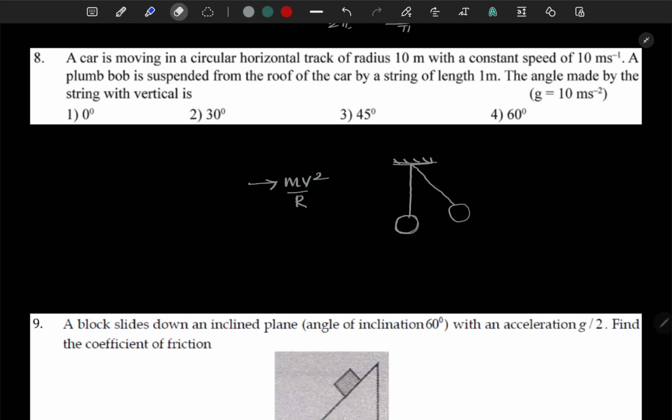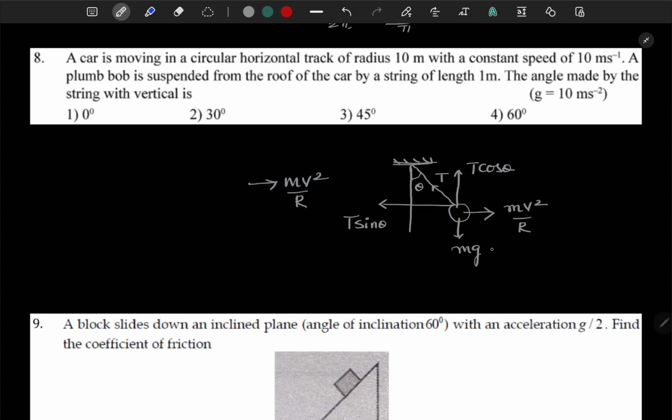So the bob is acted upon by the force mv square by r away from the center, and there is also tension in the string, which is T. This is T, tension in the string. This is T cos theta in the vertically upward direction, and this is T sin theta. In the downward direction there is mg.